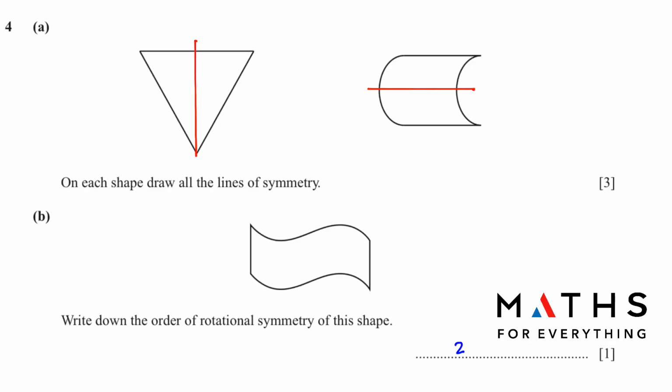Rotational symmetry means if you rotate this shape 90 degrees, 180, 270, and 360, how many times does it look the same as this shape when you rotate it? So it is the same 2 times. That's the reason the answer is 2.